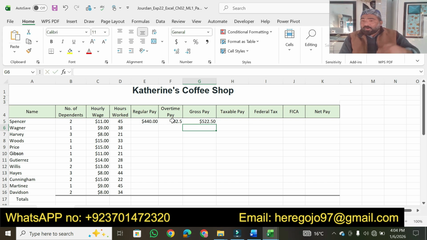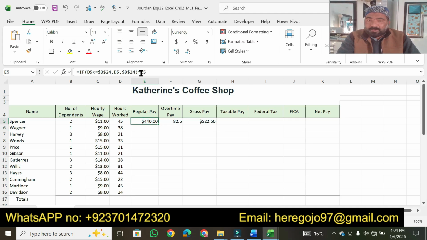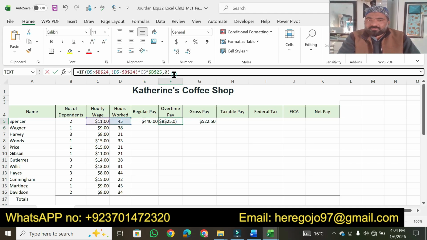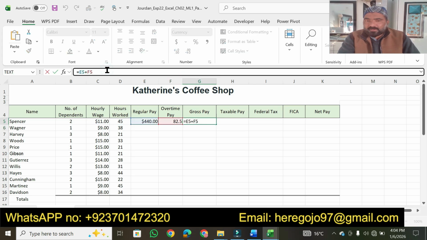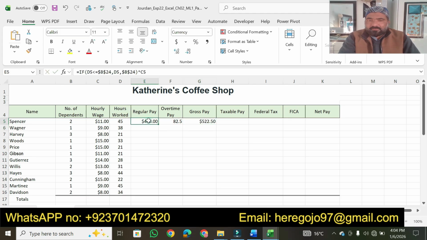So in question number 1, there are three formulas we have used. First for regular pay, this one. Then we use the overtime pay formula, this one. And in the last part, we have to find gross pay, meaning regular pay plus overtime pay. Okay, so now we have to drag this one toward there, fill without formatting.